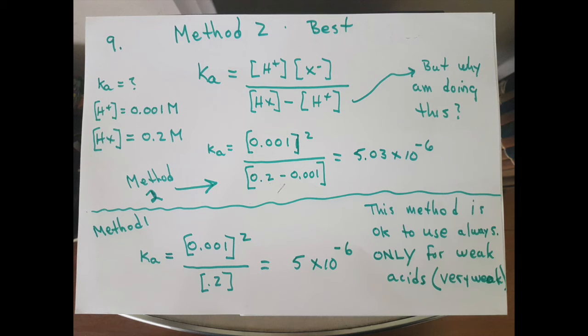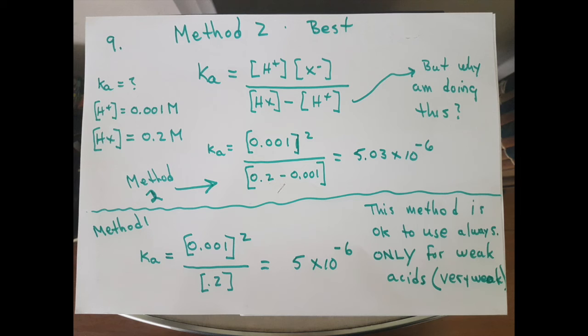So, number 9, method 2. That's the most accurate. I get it. It says the Ka is what we're looking for. The acid concentration is 0.2. The H ion concentration is 0.001.